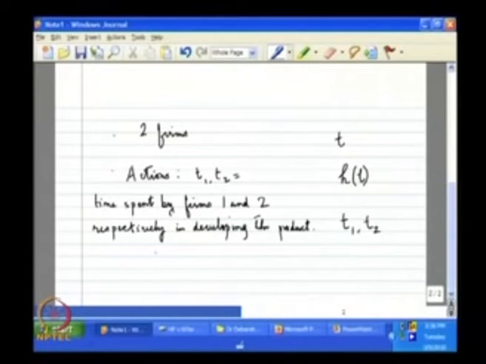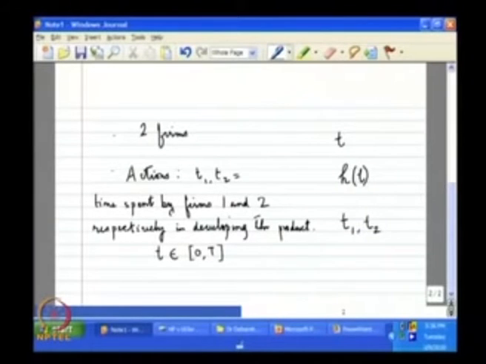What is the range of t? t can take any value between 0 and capital T, but not infinity. So, there is a maximum till which one can spend in developing the product, which is given by capital T. And as I have said, if I spend t amount of time developing the product, I get H(t) share of the market, provided my t is less than the t of the other firm.